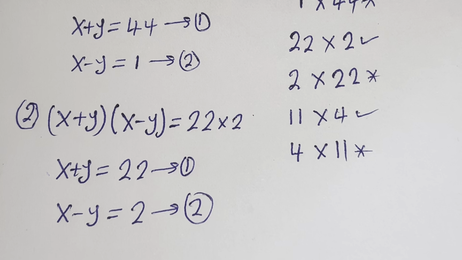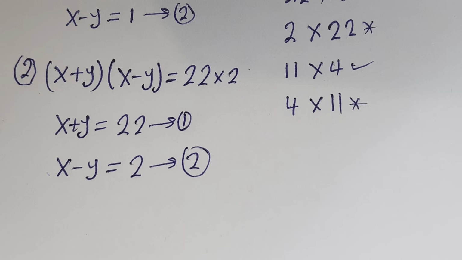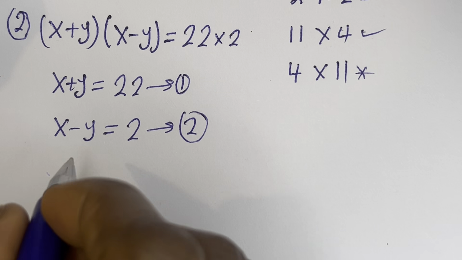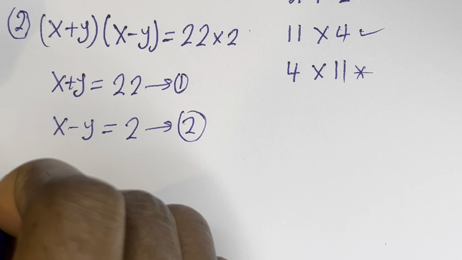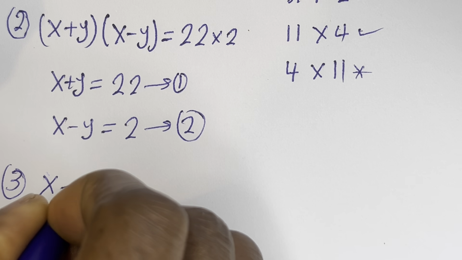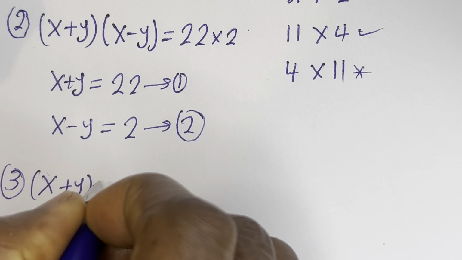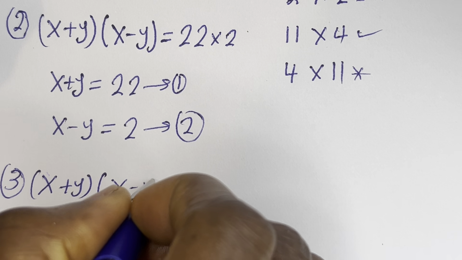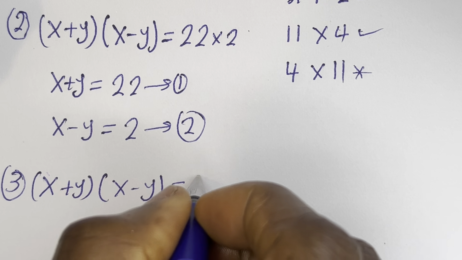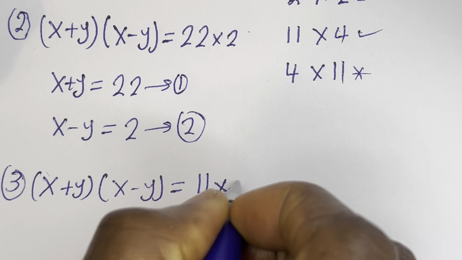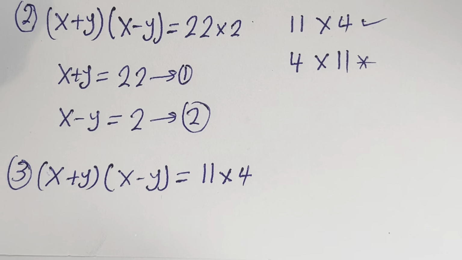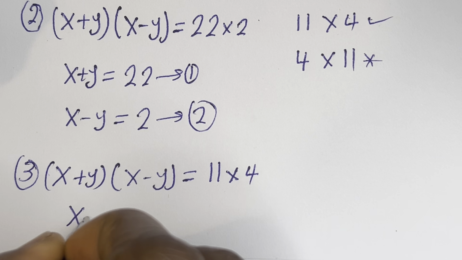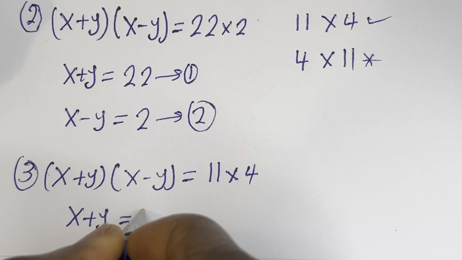Now let's consider the third case. The third case, we have (x plus y)(x minus y) is equal to 11 multiplied by 4. Then here, x plus y is equal to 11.